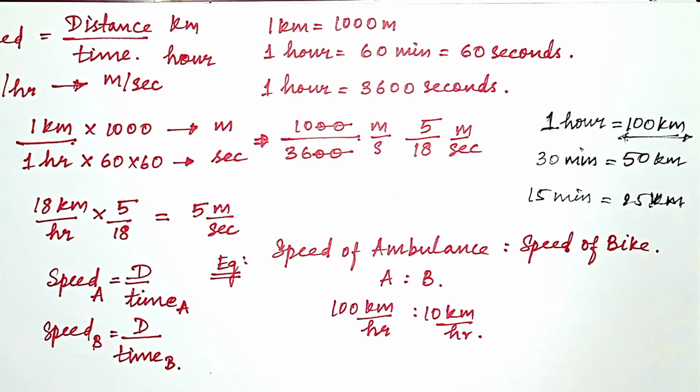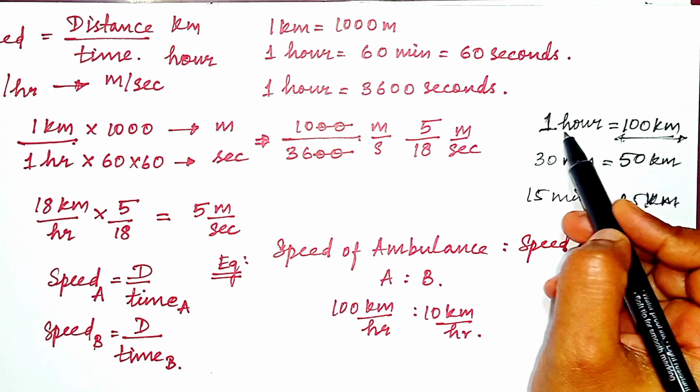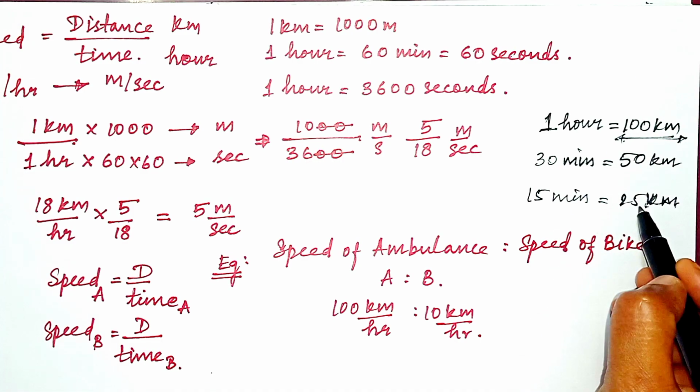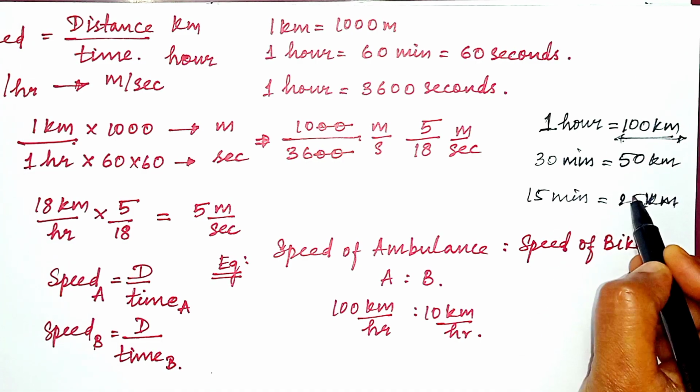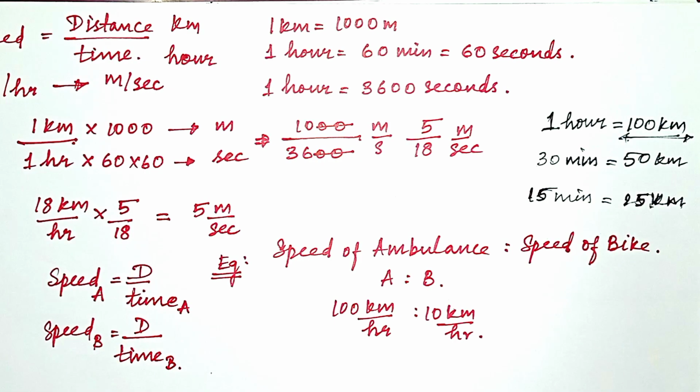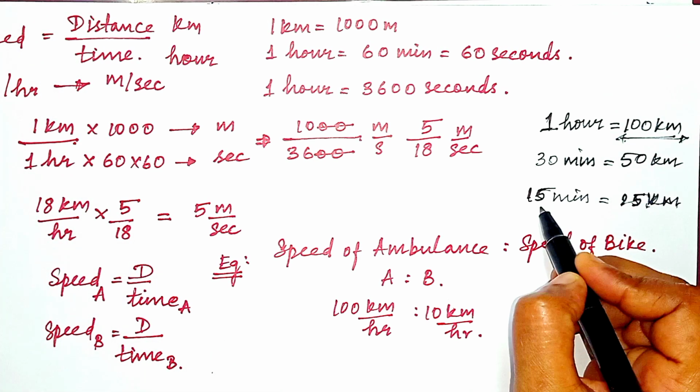So this is a rough calculation for which you don't need any formula. Directly put your logic into it: if for 1 hour it could cover 100 kilometers, for 15 minutes it could directly cover 25 kilometers. This is blind logic. Similarly, you can do it for 10 kilometers with respect to ratios. And to trick you, they might not directly give you minutes.